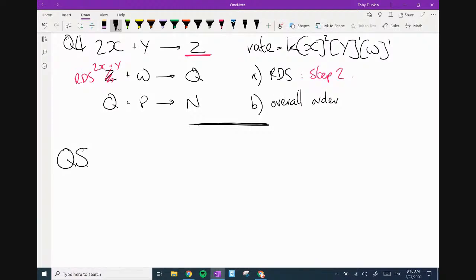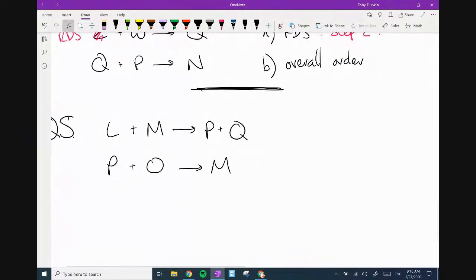Let's do L plus M goes to P and Q, and then P and O goes to M. Let's just do that.